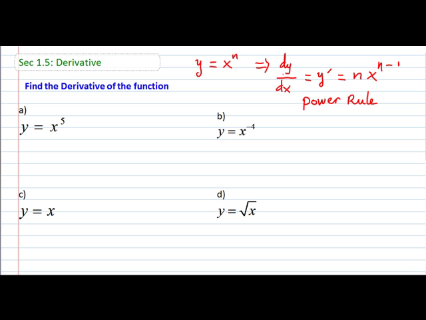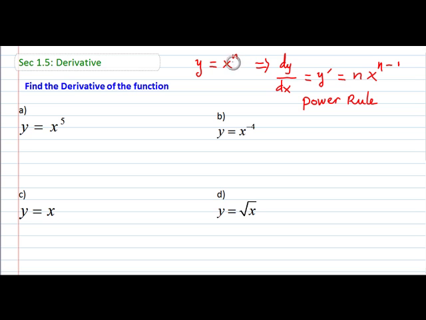We read this formally as the derivative of y with respect to x, because y depends on x. Sometimes we write it as a shortcut, y prime, is equal to n times x to the n minus 1.